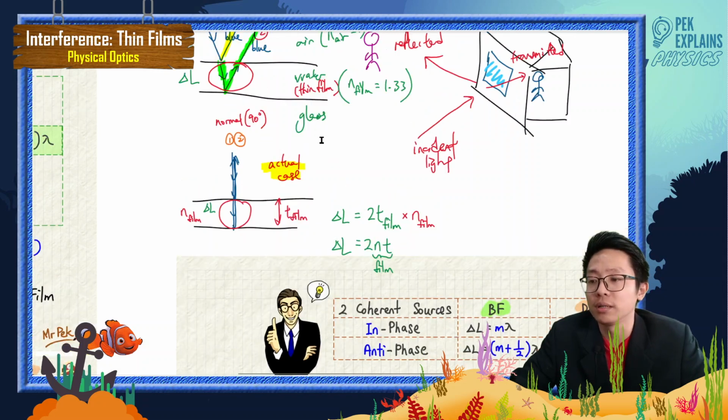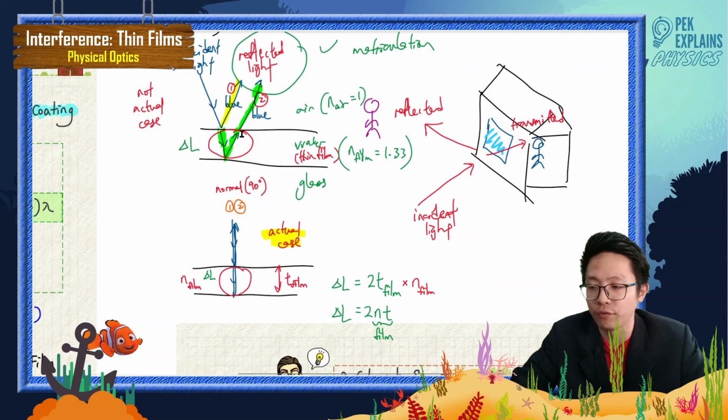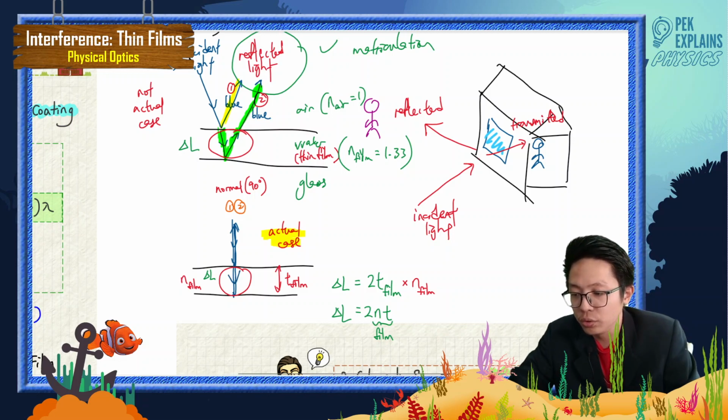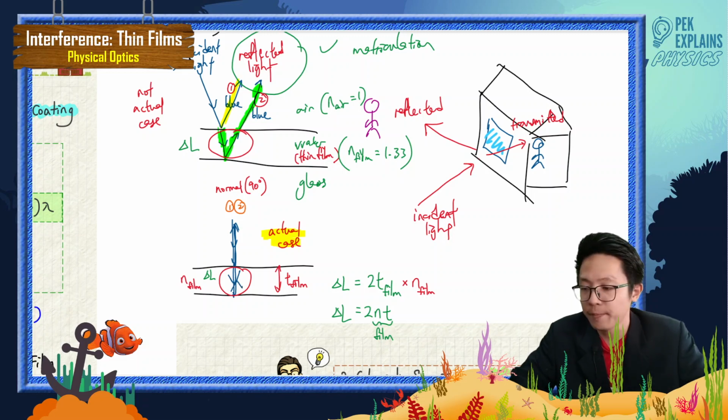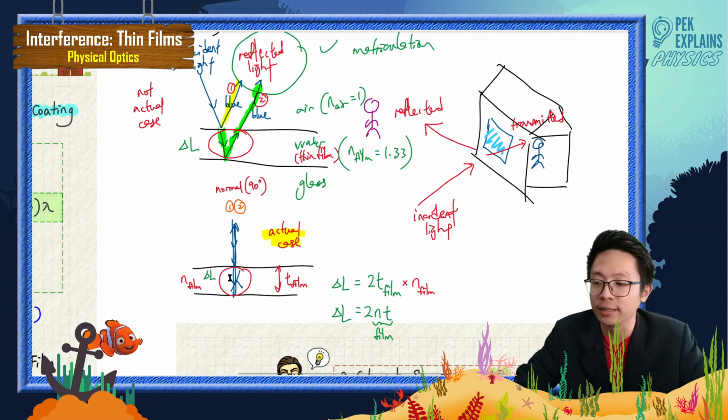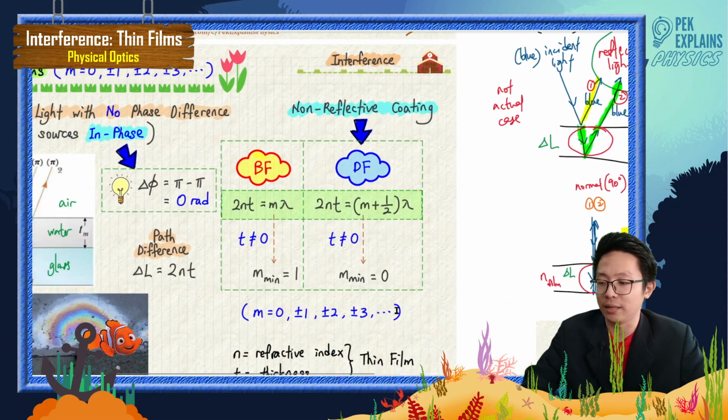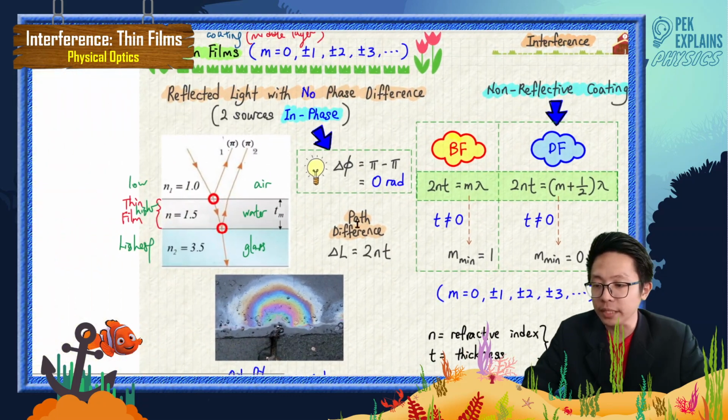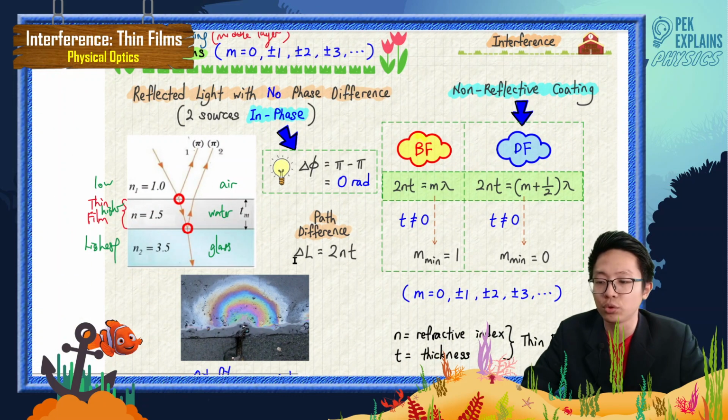Because the second light goes to and fro, through one thickness of the thin film and another thickness as it returns back to the surface. So there are 2 thicknesses of thin film it travels. So between these two light, the path difference is 2nt.